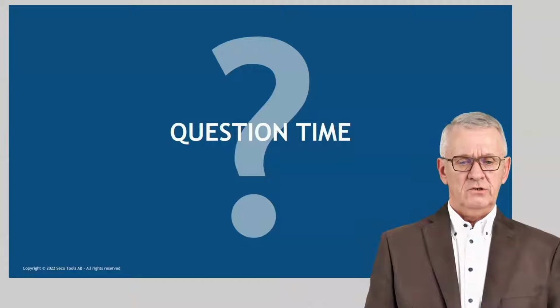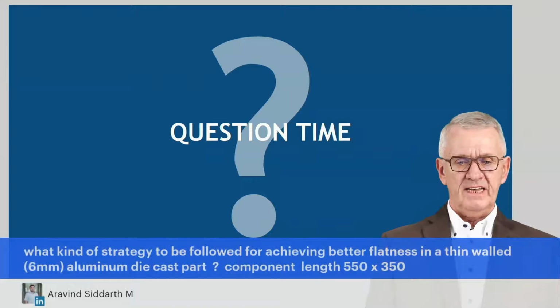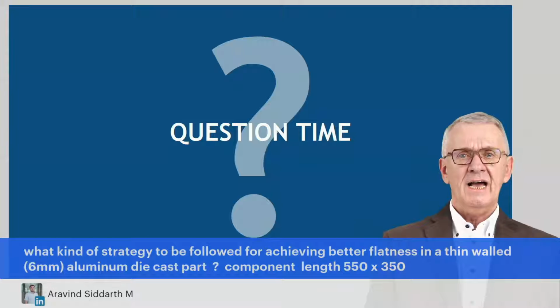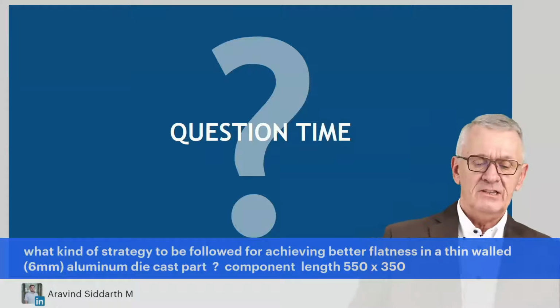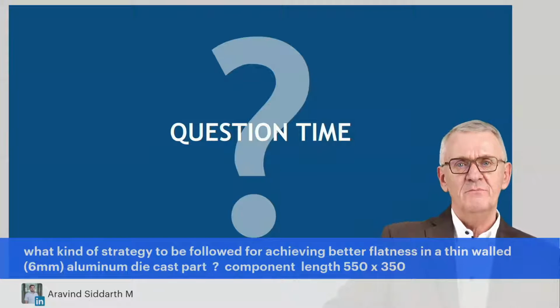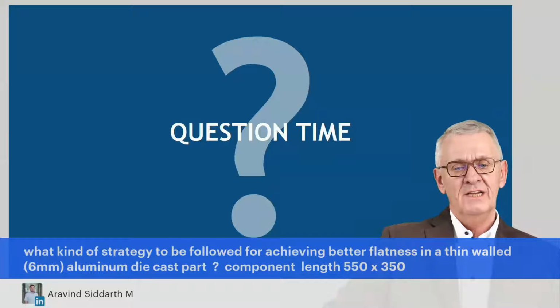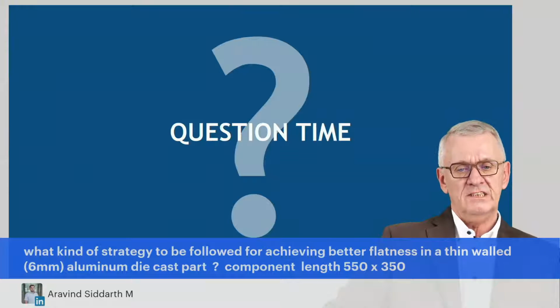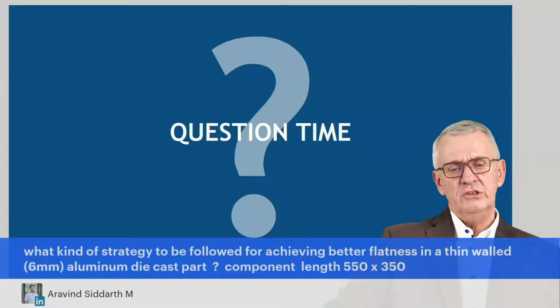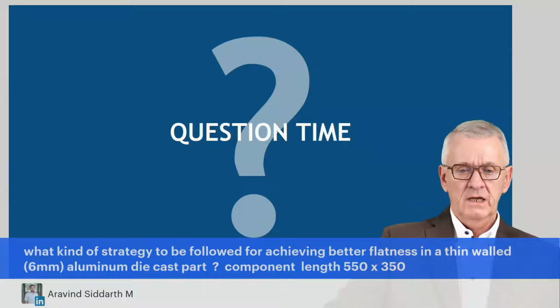There is a question also: what kind of strategy should be followed for achieving better flatness in a thin-walled aluminium die-cast part? Yeah, now I'm going to be a little bit political. In machining, in milling, there exists a strategy which is referred to as thin wall machining, thin wall milling, which is a combination of geometry and technology.